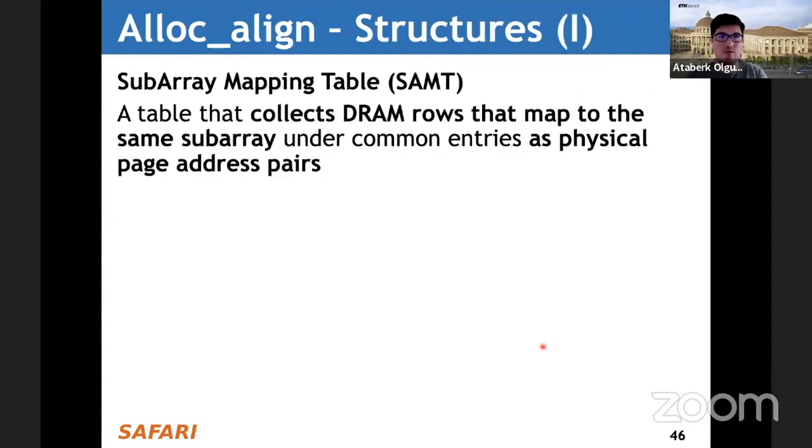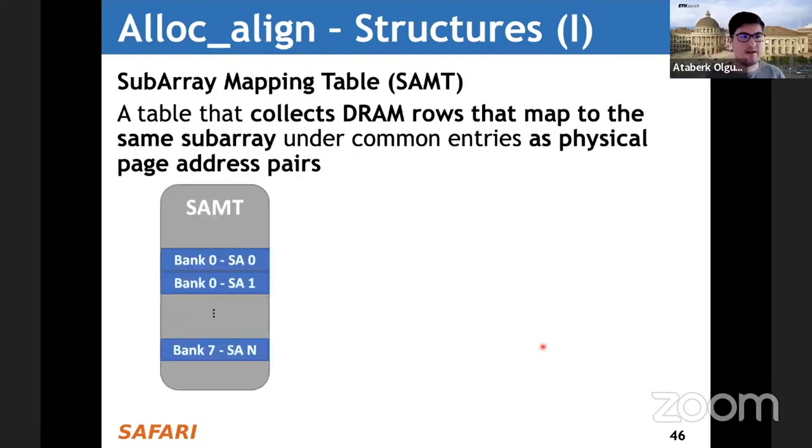And to support this operation, we implement 3 structures. The first one is called the subarray mapping table, and this is a table that collects DRAM rows that map to the same subarray under the same entry. And here it has as many entries as there are subarrays in our DRAM module in all banks.